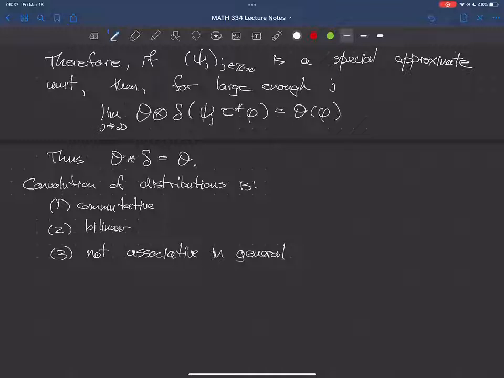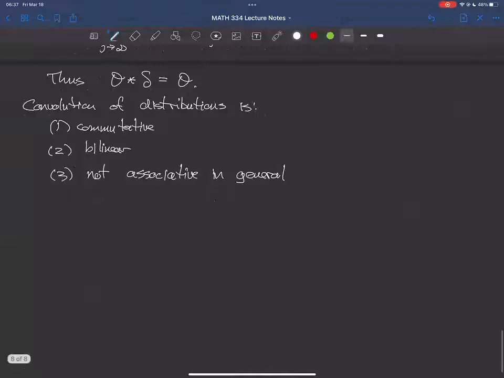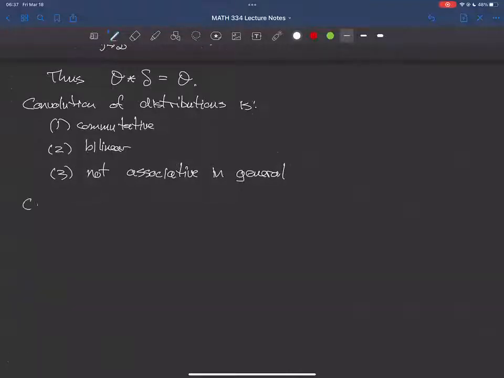So let's look at some special cases of convolution, just like we did when we talked about signals. We looked at convolution for functions with their supports satisfying certain properties.